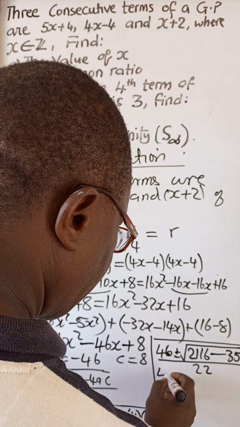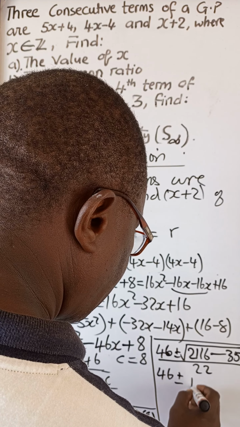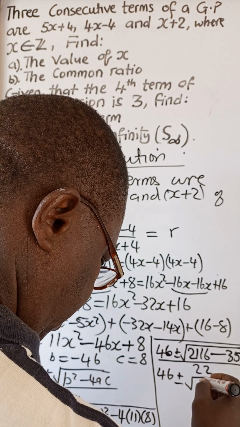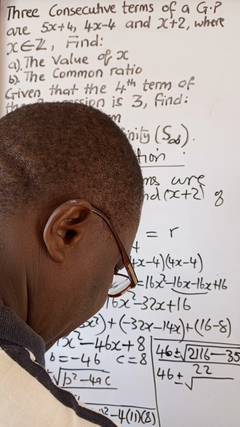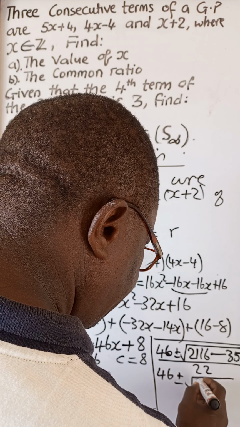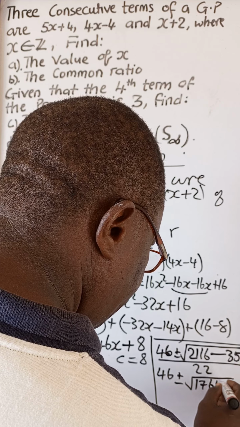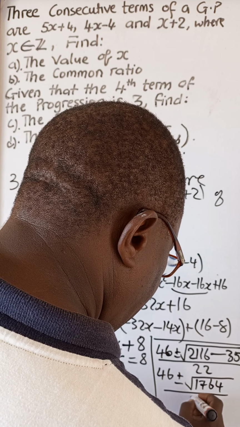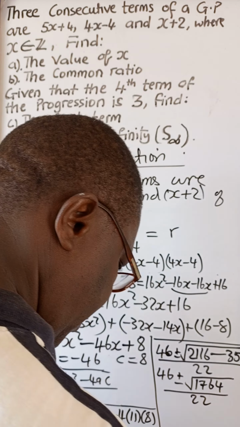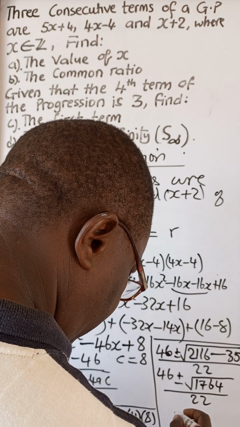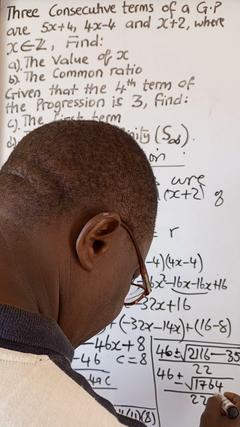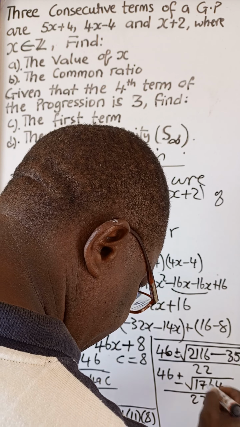So we have 46 plus minus the root of 1764 all over 22. So that gives us this root here.